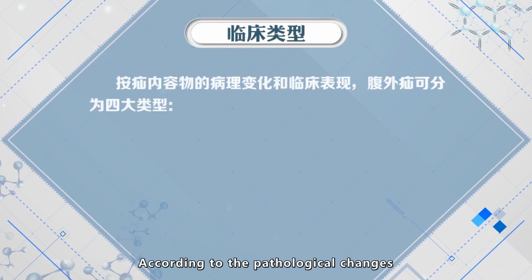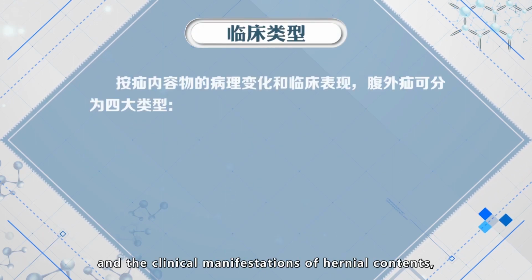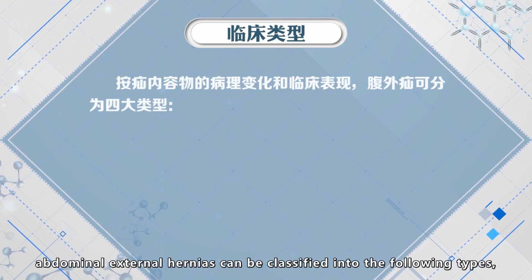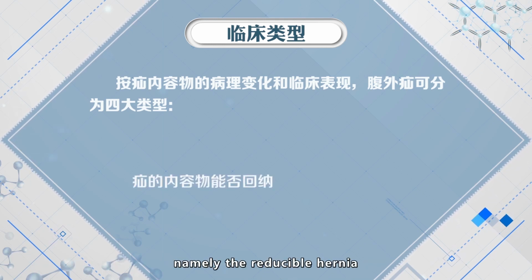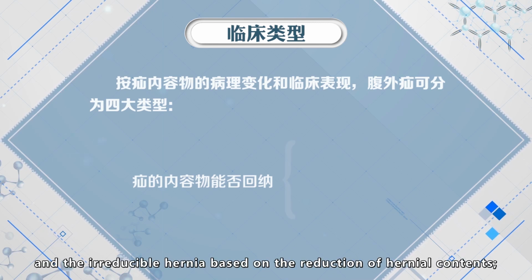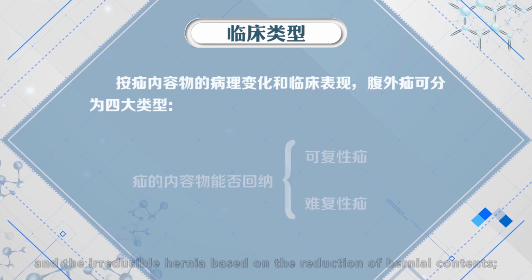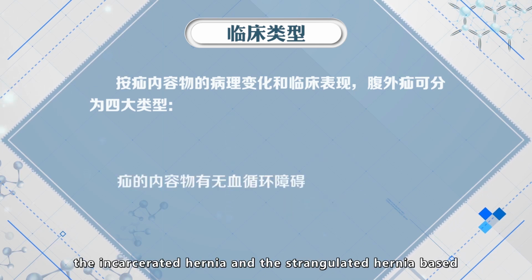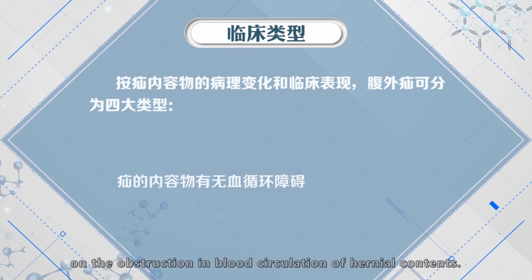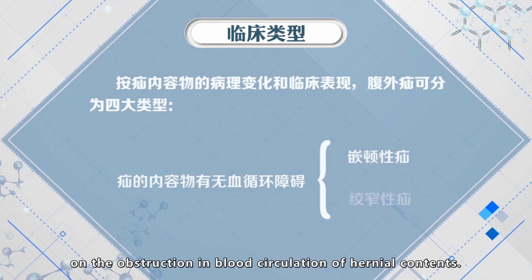According to the pathologic changes and clinical manifestation of hernia contents, abdominal external hernias can be classified into the following types: the reducible hernia and the irreducible hernia, based on the reduction of hernia contents; and the incarcerated hernia and the strangulated hernia, based on the obstruction in blood circulation of hernia contents.